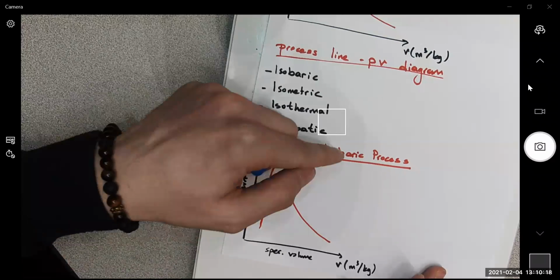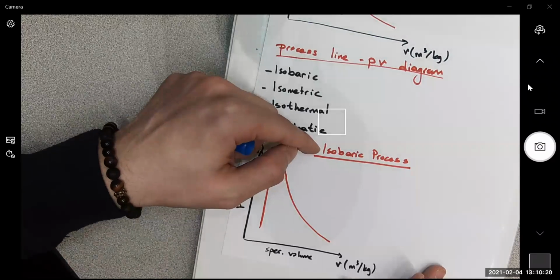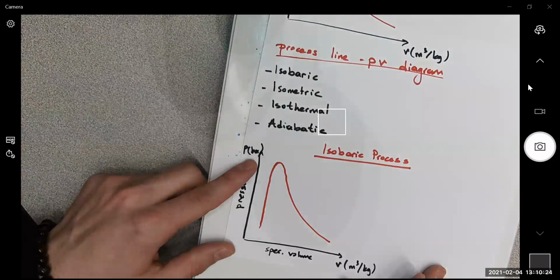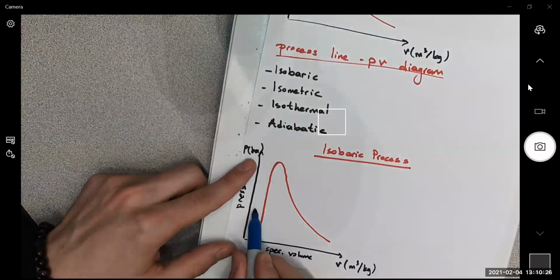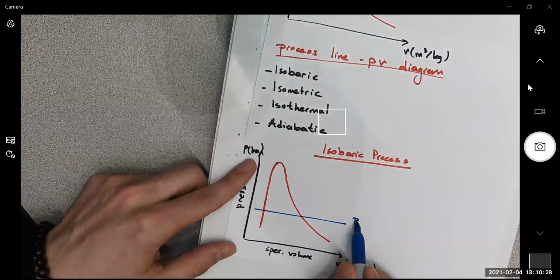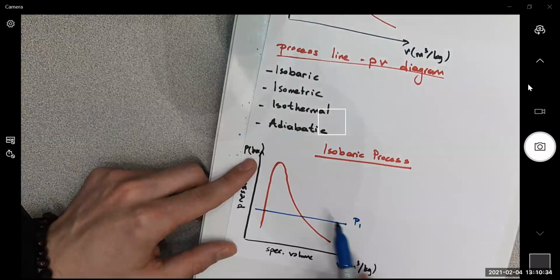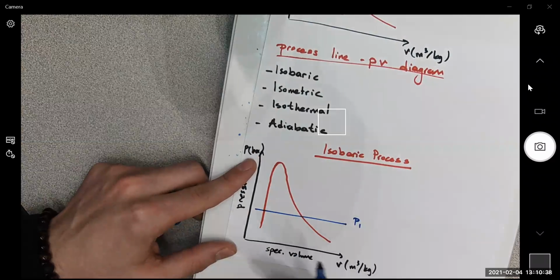For an isobaric process, when you show it on a PV diagram, it will look like a constant line, P1. It will be either this way or that way, depending on how the process takes place.